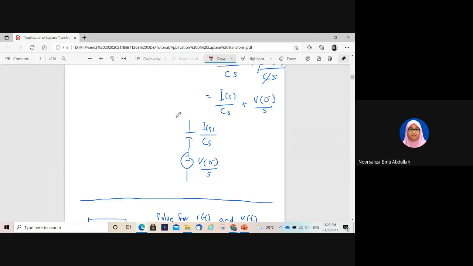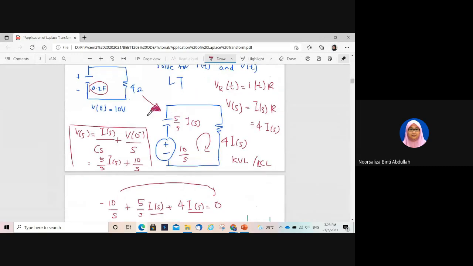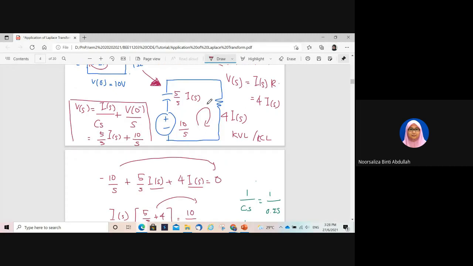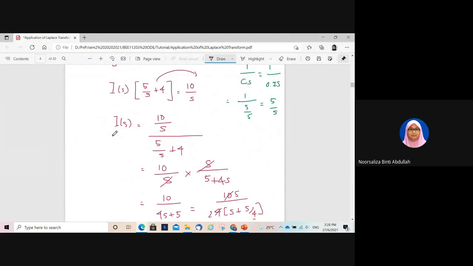Okay, so make sure if you get any question like this, what you need to do is you have to transform first from time to S using this transformation. Okay, so you transform everything, and also you draw the new transform circuit like this, and then you make the analysis using KCL or KVL, depends on the question. From the analysis, then baru you boleh dapatkan dia punya current or voltage.